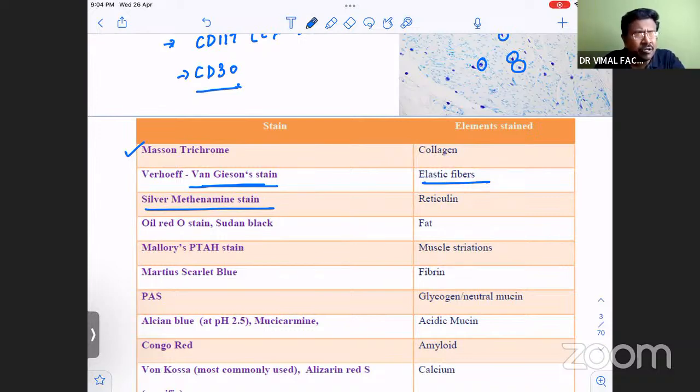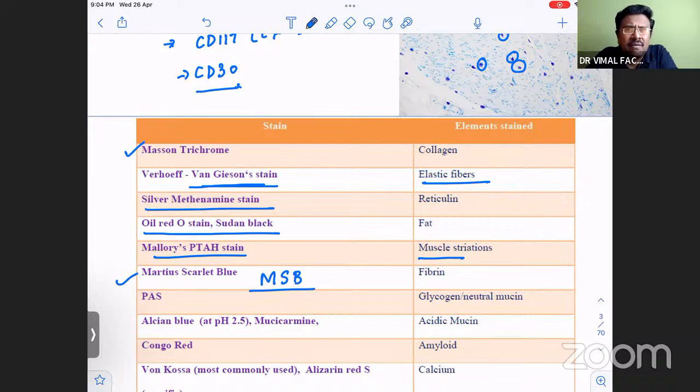And obviously everybody knows that for fat, we use oil red O and Sudan black. Muscle striations you demonstrate with PTAH stain. And for fibrin, MSB, that is Martius scarlet blue.